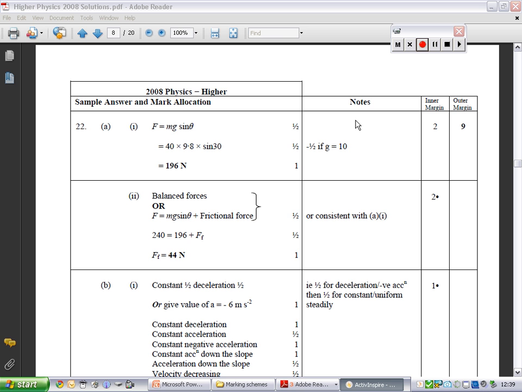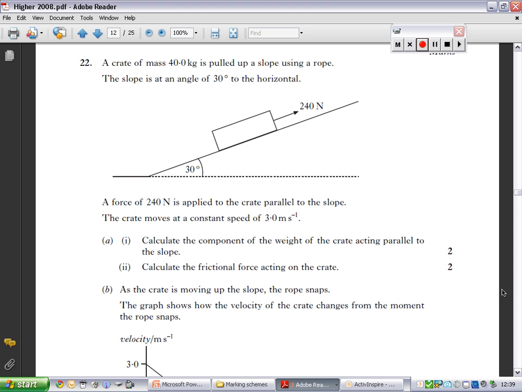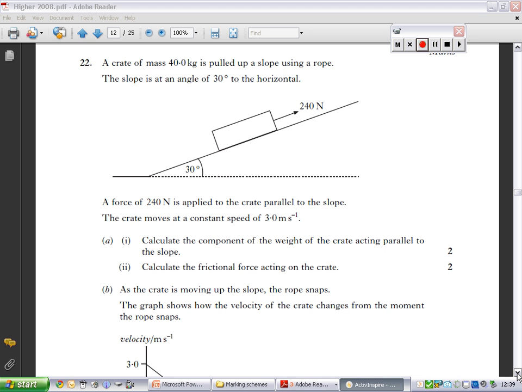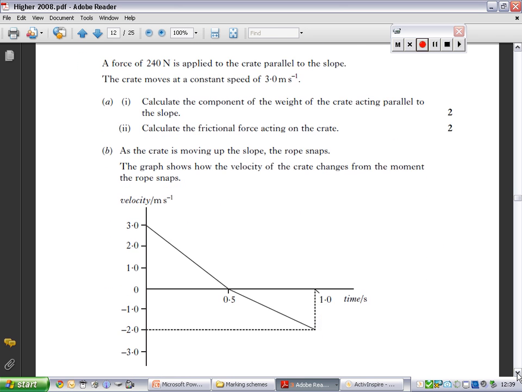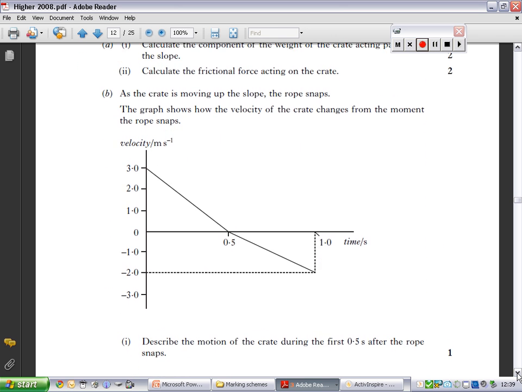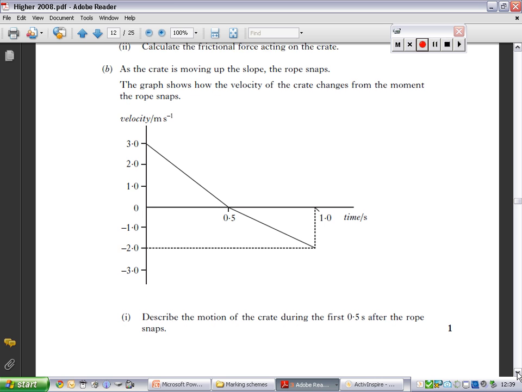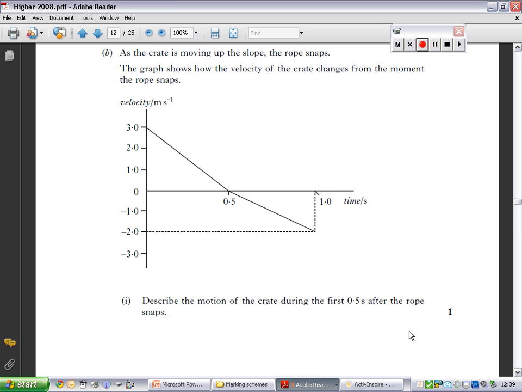Okay, so let's look at the rest of the question. As the crate is moving up the slope, the rope snaps. The graph shows how the velocity of the crate changes from the moment the rope snaps. Describe the motion of the crate during the first 0.5 seconds after the rope snaps. Worth 1 mark.